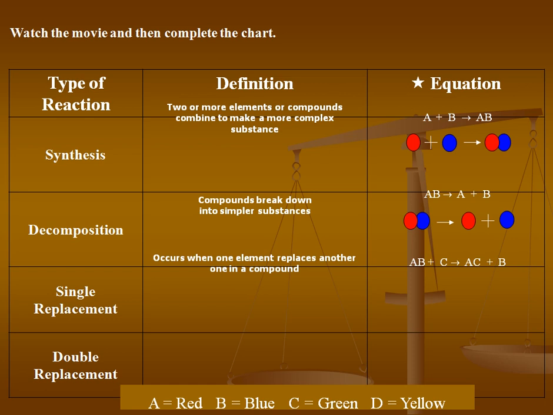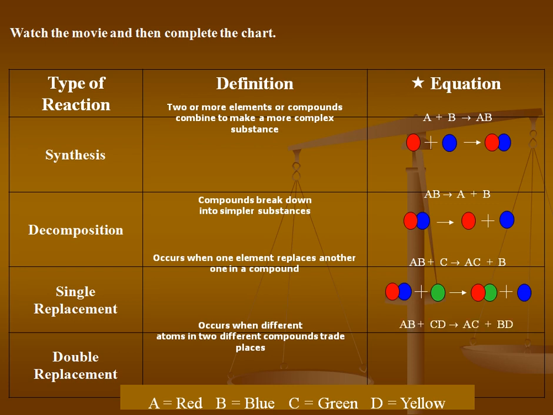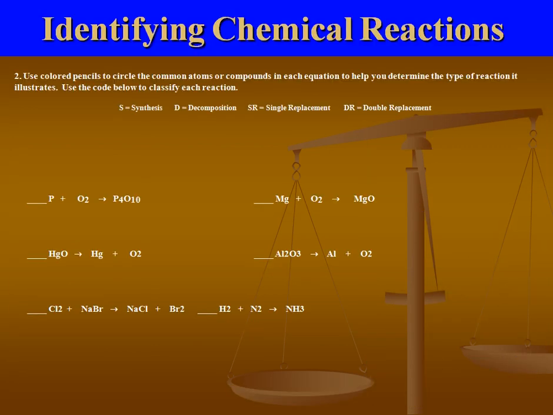AB plus C converts into AC plus B. And double displacement occurs when different atoms in two different compounds trade places. Trade places means change their places. AB plus CD converts into AC plus BD. So this is all about the types of chemical reactions.